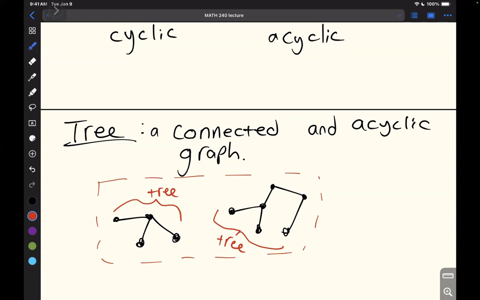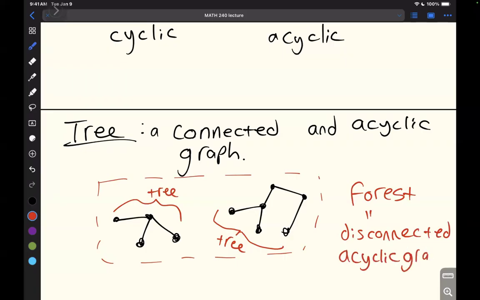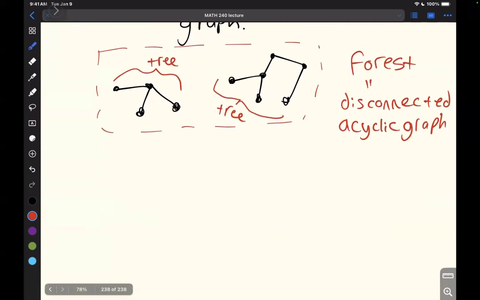I'm so excited. These names are amazing. So because this disconnected acyclic graph contains trees, we call it a forest. Because there's trees in there, it's just disconnected. When it's a disconnected acyclic graph. Okay.